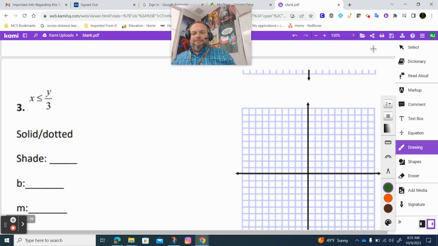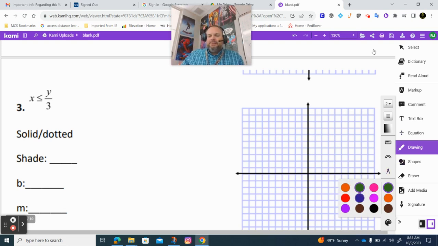All right. Number 3. Can I graph it as is? No. I need to get y by itself. Y is being divided by 3. What's the opposite of divide? Multiply.